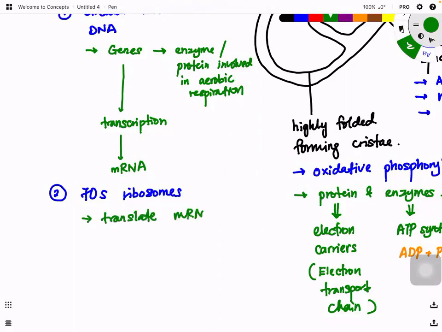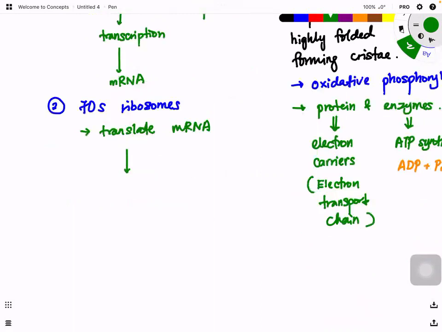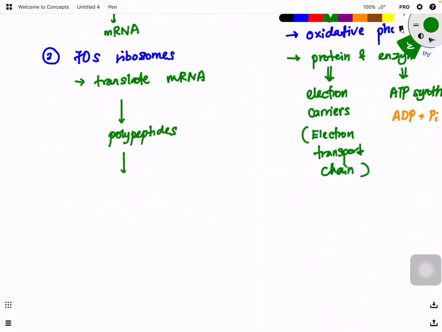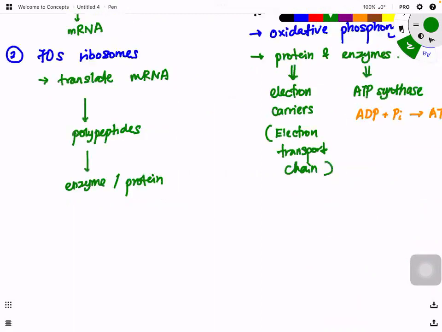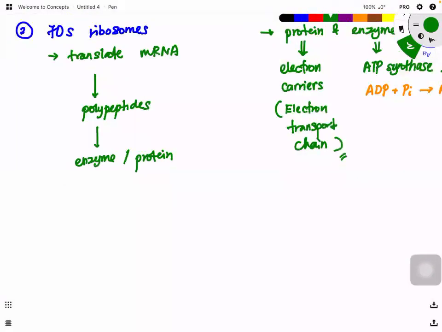The translation of mRNA forms the polypeptide, and this polypeptide is going to fold into enzymes or proteins. For example, the proteins of the electron transport chain, and enzymes such as ATP synthase. So those proteins and enzymes are involved in aerobic respiration again.